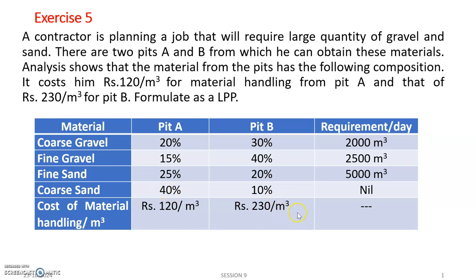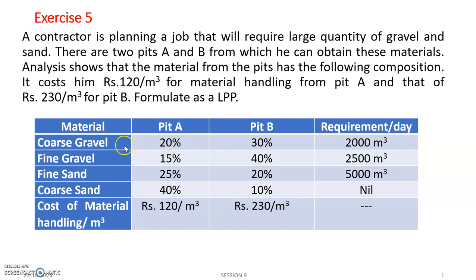Similarly, 1 cubic meter of soil excavated from pit B will have 30% of coarse gravel, 40% of fine gravel, 20% of fine sand, and 10% of coarse sand. Now the right extreme of the table gives his minimum requirement per day.